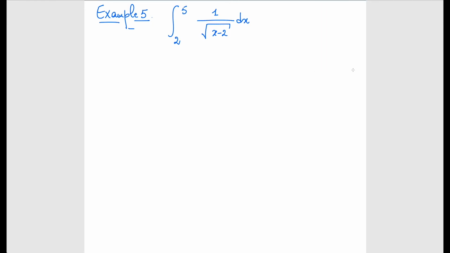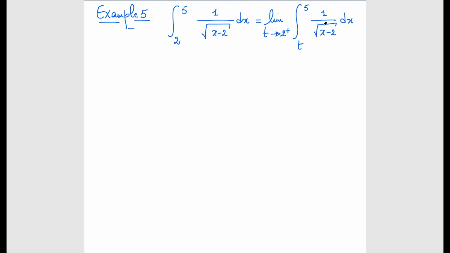Okay. All right. So we're going to use part B of the previous definition. This is the limit as t goes to 2 from the right of the integral from t to 5 of 1 divided by square root of x minus 2 dx.